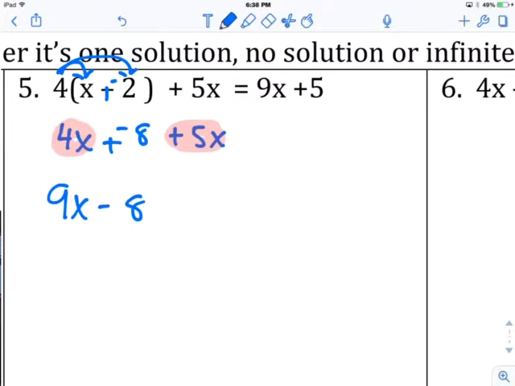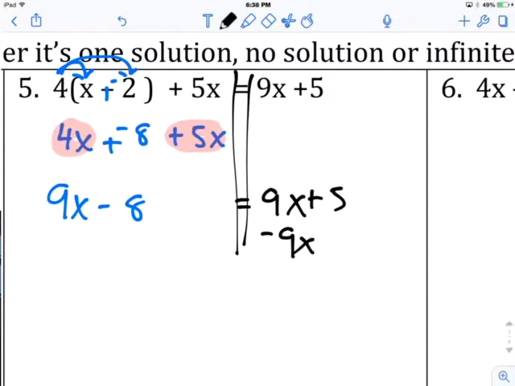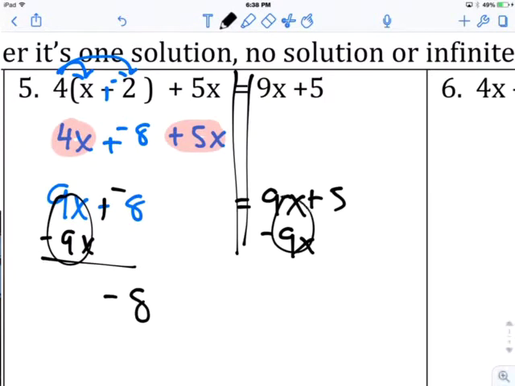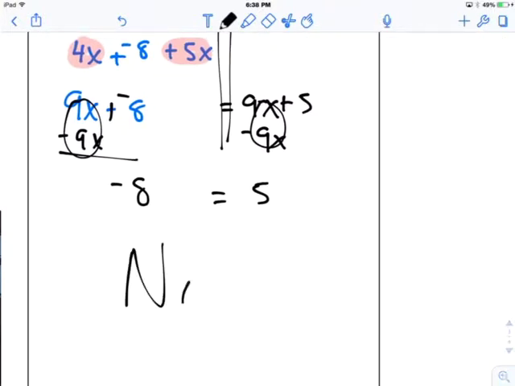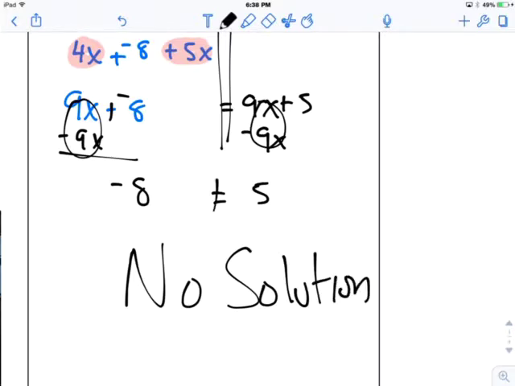And on the other side, you get equals 9x plus 5. Subtract 9x. Subtract 9x. 0 plus a negative 8 is negative 8. 0 plus 5 is 5 again, no solution. Okay, because they don't equal.